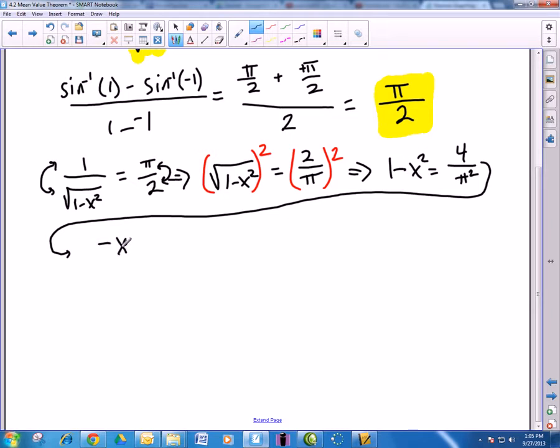So don't forget, that's still a negative x squared. So you'd have negative x squared is equal to 4 over pi squared, then minus 1. Now we can multiply everything by a negative to change all of our signs. Now we have that, and we want to take the square root. That'll be the last thing that we do, so that's a positive. And we're going to take the square root of that.